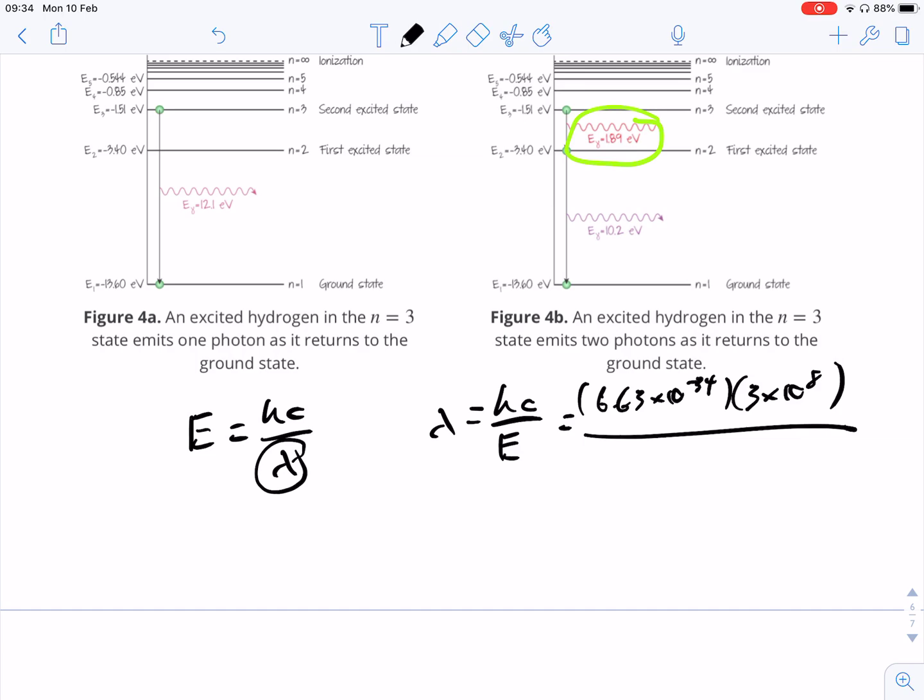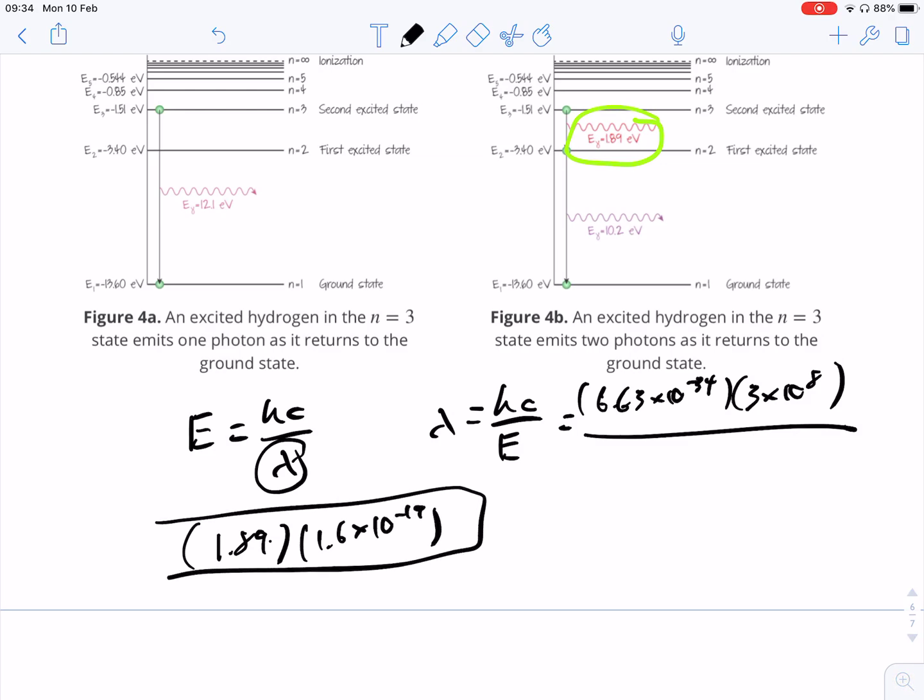So we're going to take 1.89, which is in electron volts, and multiply that by 1.6 times 10 to the power of negative 19. That has to go inside of there, and then we will get our wavelength, which according to this should be a red color here.